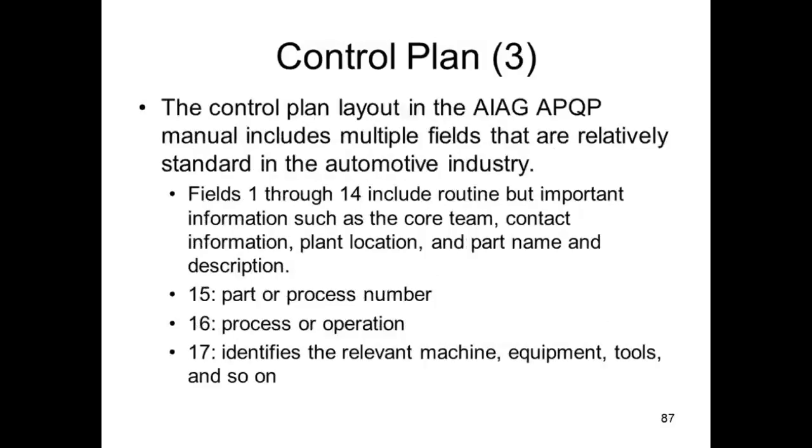The control plan layout in the AIAG APQP manual includes multiple fields that are relatively standard in the automotive industry. Fields 1 through 4 are relatively routine. 15, part or process number. 16, process or operation. 17, relevant machine, equipment, tools, and so on.